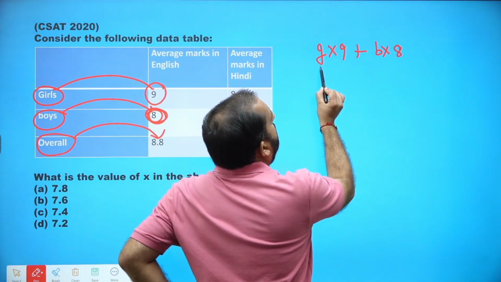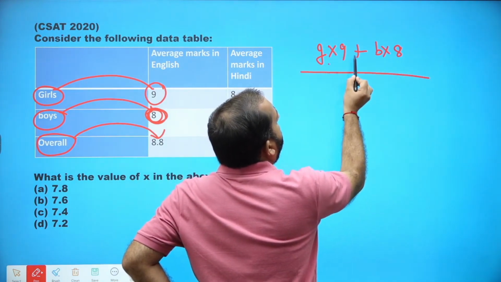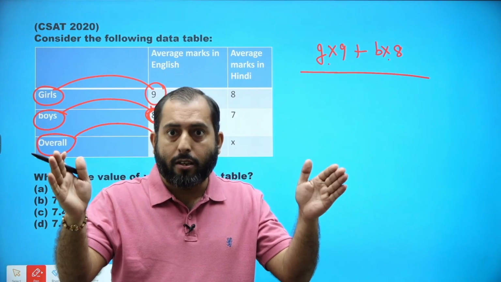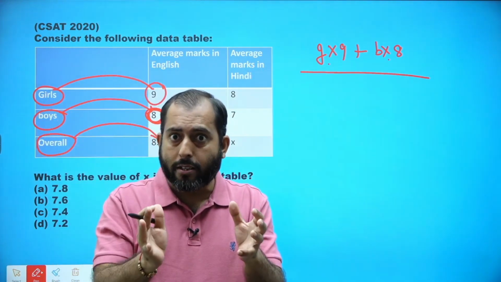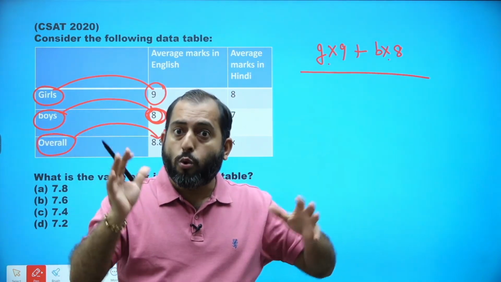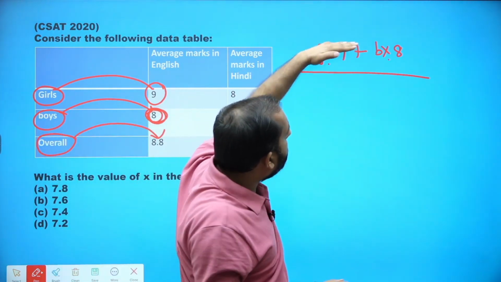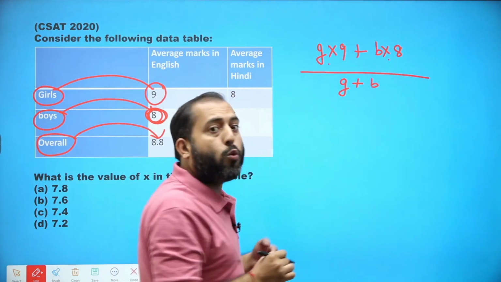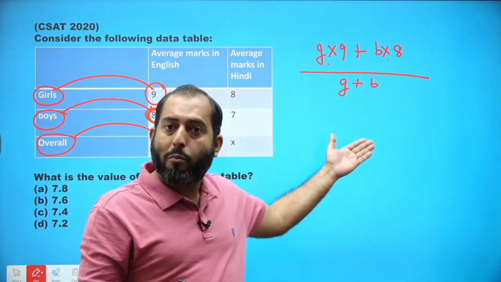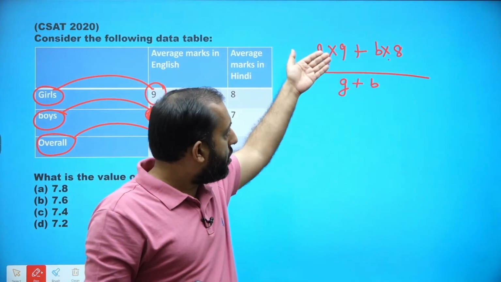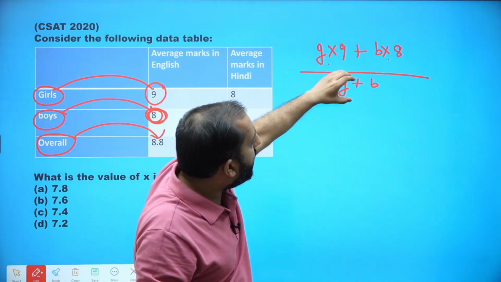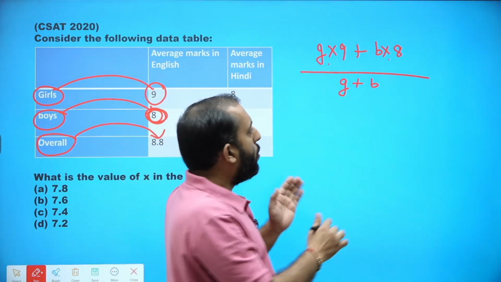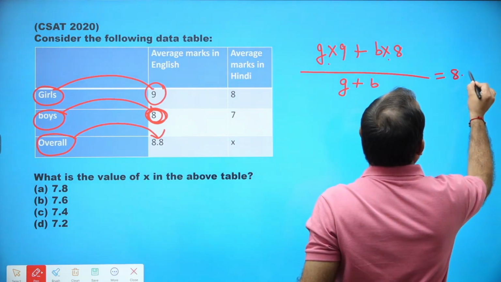Now, the score of girls in English plus the score of boys in English will give me the overall score of the class, meaning the sum of the total score of the class. So the total score of the class divided by the total number of observations, meaning the total number of students in the class, where the number of girls is G and the number of boys is B, will give me the overall average, which was 8.8.